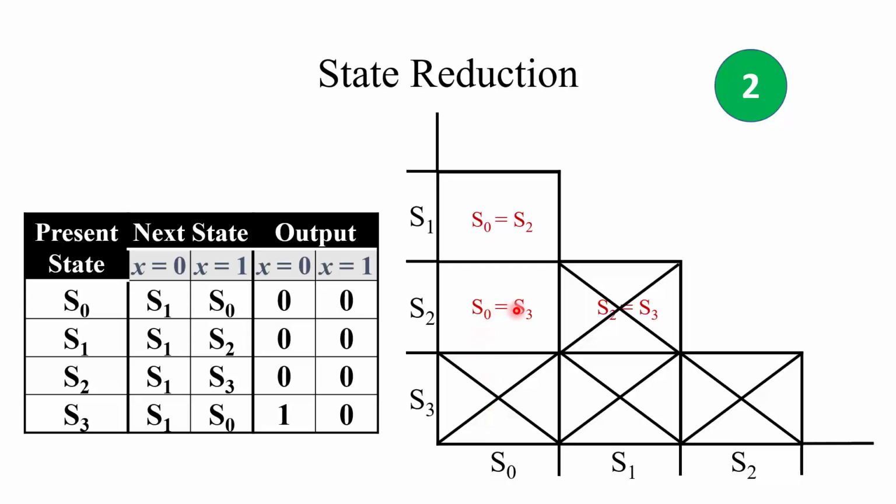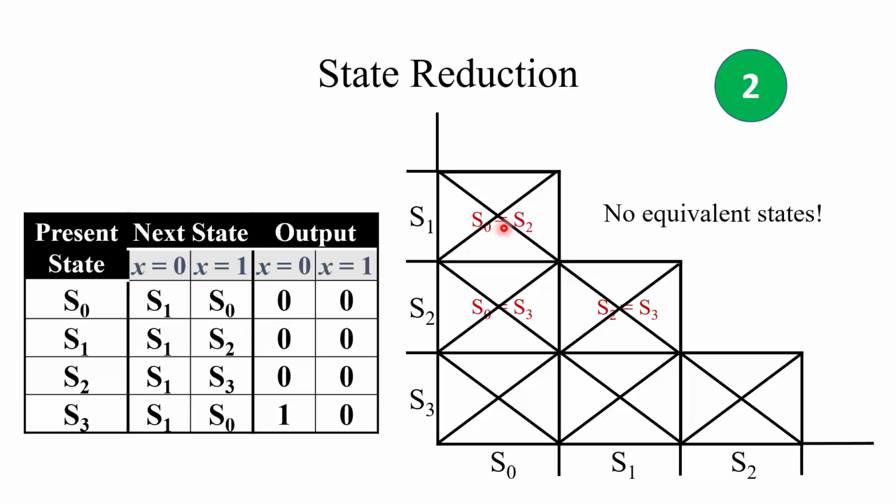So on the same grounds, S0 cannot be equivalent to S2. And when S0 cannot be equivalent to S2, this condition also does not hold, and we can cross this as well. Essentially what this means is that there are no equivalent or redundant states. So state reduction will not be possible in this particular case because the state diagram that we derived was most optimal. There were no redundant states in it.